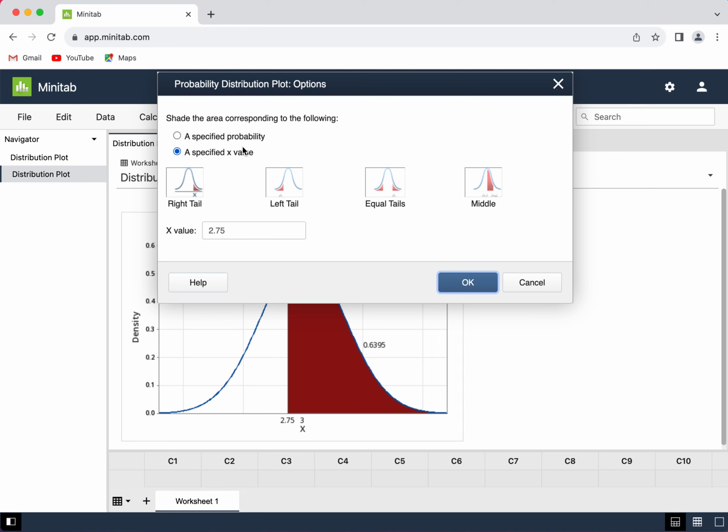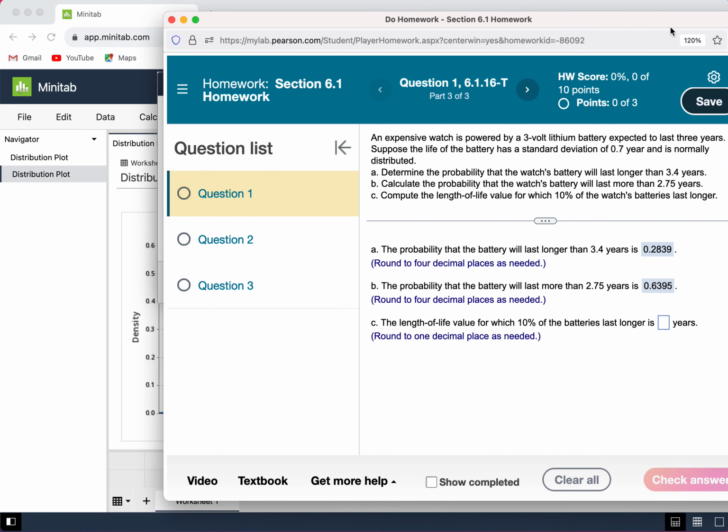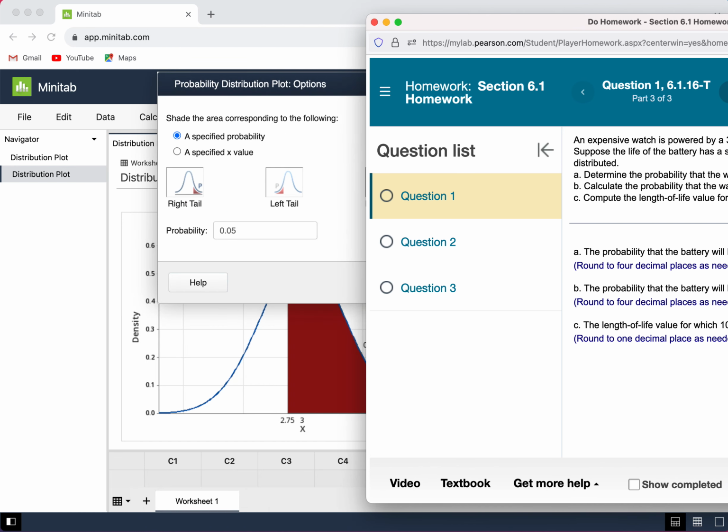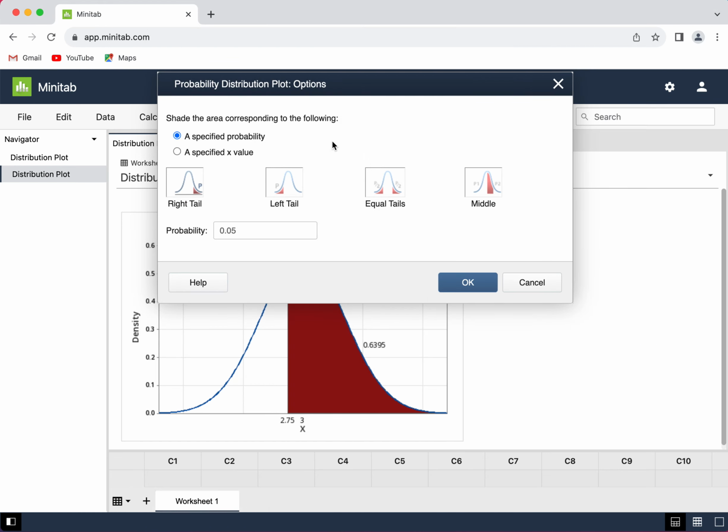But under options, instead of specified x value, I have a specified probability. And I want to know the length of life value for which 10% of batteries last longer. So lasting longer means a greater amount of time, and so I'm still working on a right tail here. My probability is going to be that 10%.